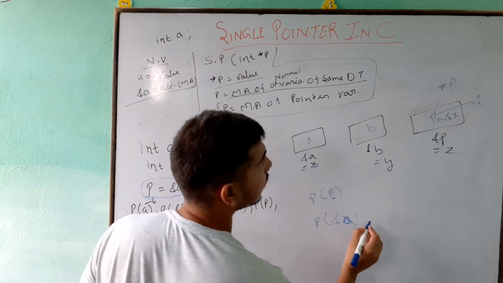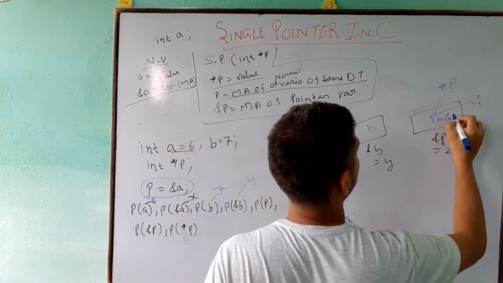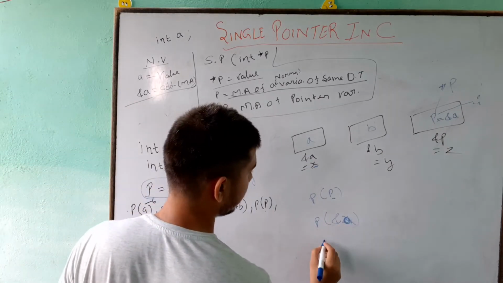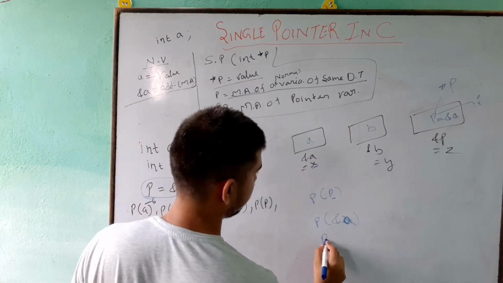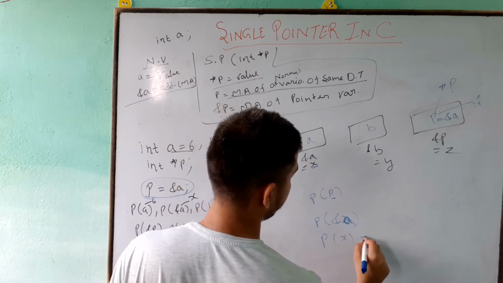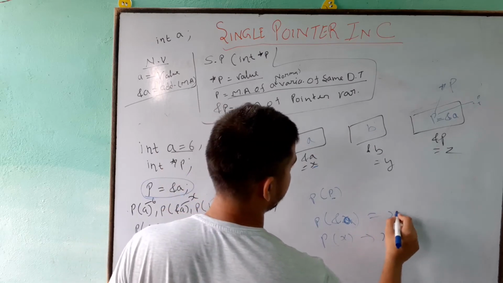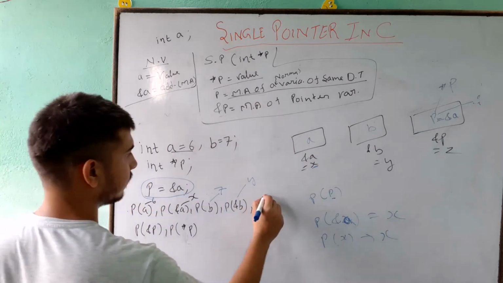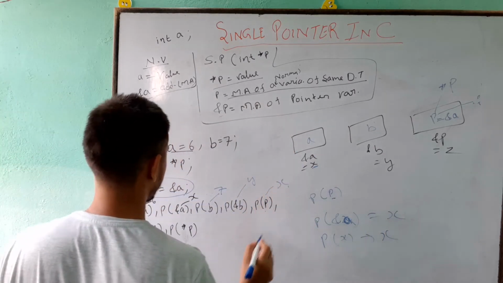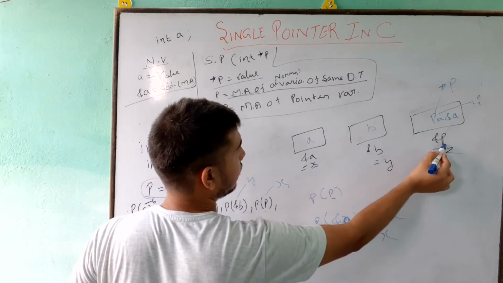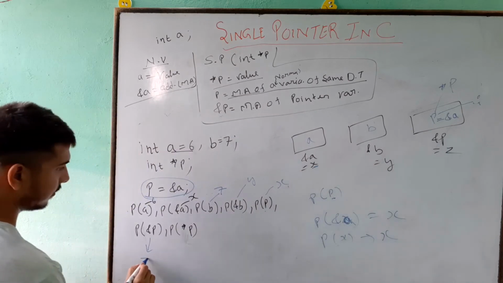Sorry, I am really sorry, this will be &a, we are writing &a here. And &a is x, so it will give us x. So printf of p will give us x. And printf of &p is z, simple.